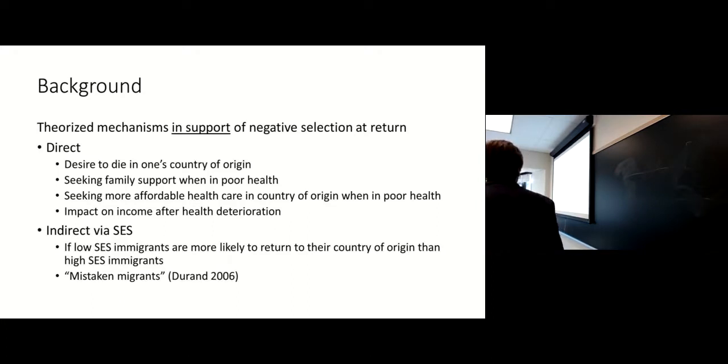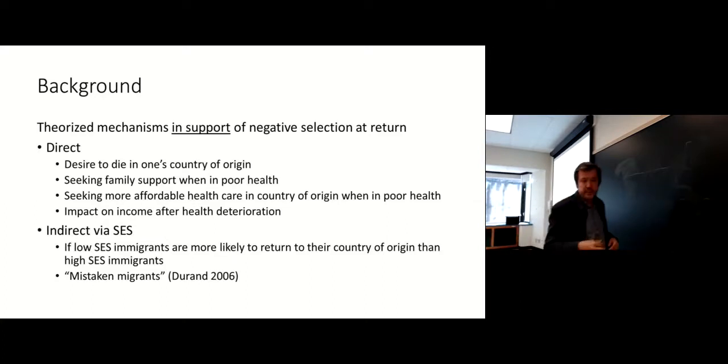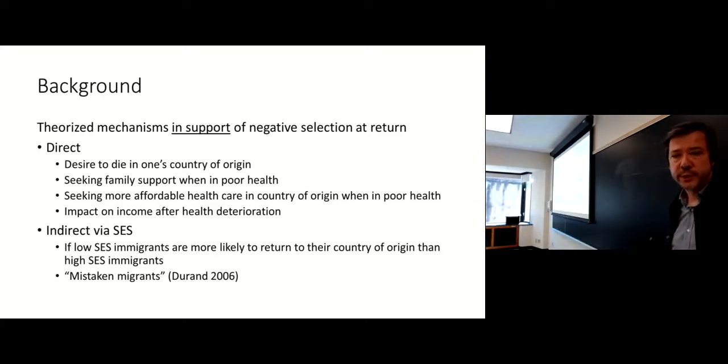So you can think of a Mexican immigrant who might experience some kind of severe health deterioration with poor health coverage in the US, and that might give this person an incentive to return to Mexico.